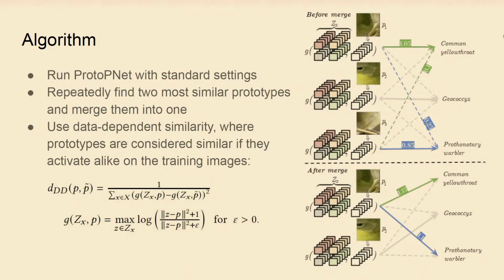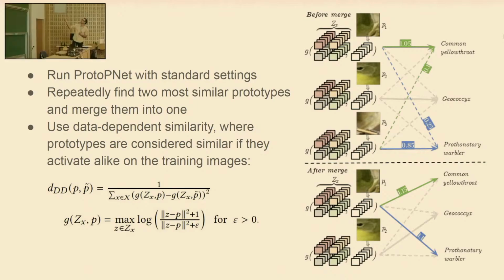So we removed P3 and we just used the connection of P1, which before was close to 0 to this class. We changed it to the sum of weights from those 2 edges. This edge was removed, so we just add 0.85 to this edge. So from this point, prototype P1 was also a prototype of warbler.